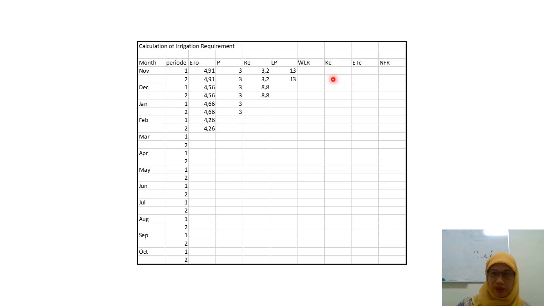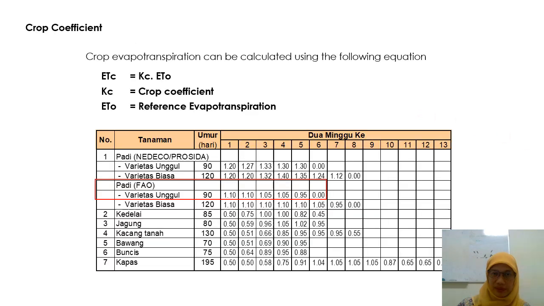Next, we will determine the crop coefficient Kc and the water level replacement. For the crop coefficient Kc, we just see the table that I already provided in our previous class. You can use either this row or this row, the Rosida one or the FAO one.